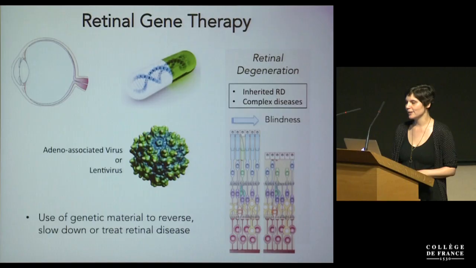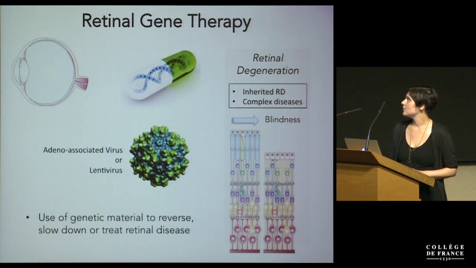So before getting to the novelties and details of the different approaches for gene therapy, I thought it would be nice to loosely define gene therapy. To start easy, gene therapy, as you all know, is the use of any kind of genetic material, be it RNA or DNA, in combination with a vector. This can be a viral vector, mostly adeno-associated virus or lentivirus.